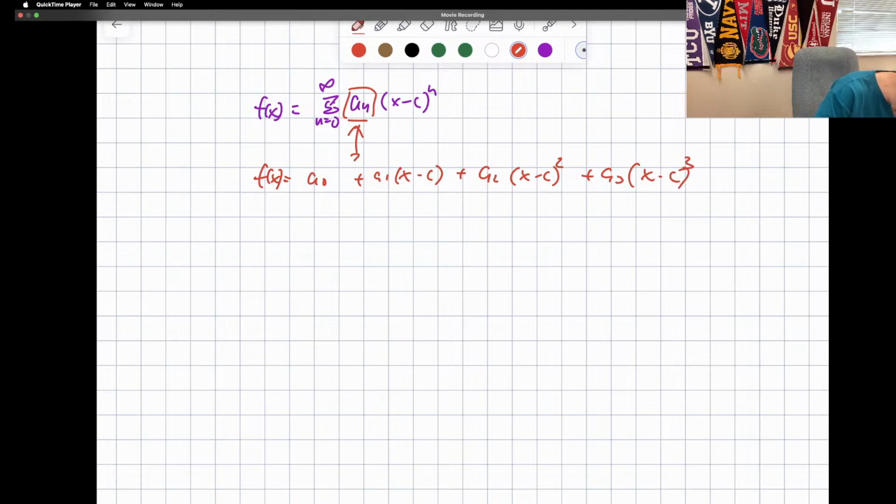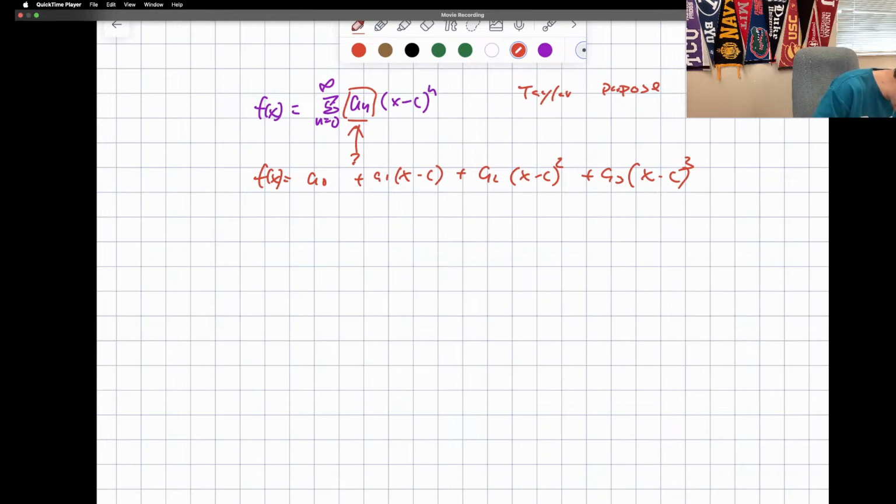If we can figure this out, how do we figure out a_n? Taylor proposed that if I can take the nth derivative, I'm just trying to find a general form of a_n.